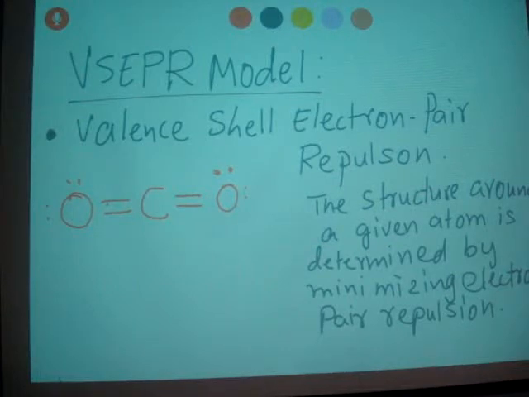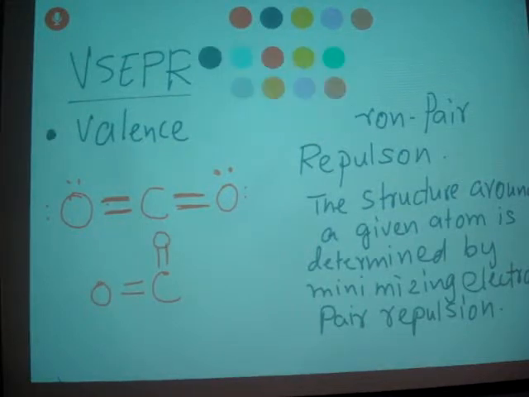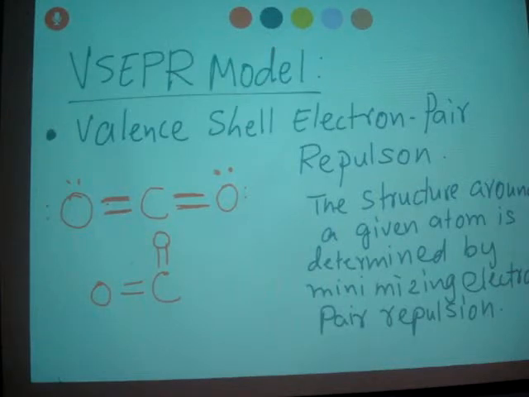Now remember, if these bonded electrons were situated at 90 degrees, there would be more repulsion between them, right? They try to locate as far as they can, so they have enough space between them.